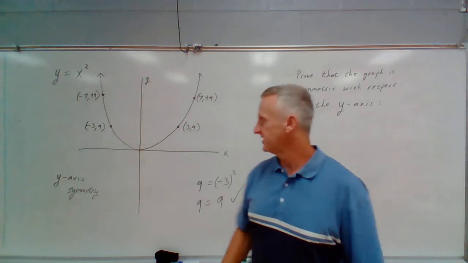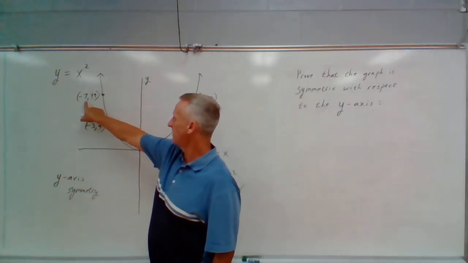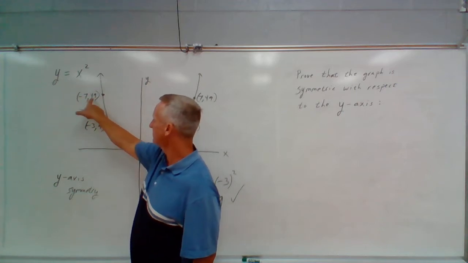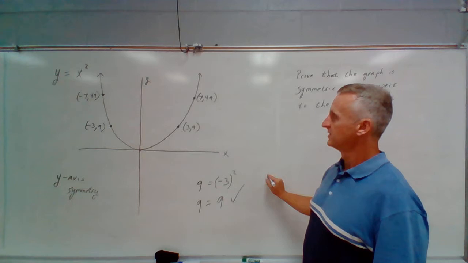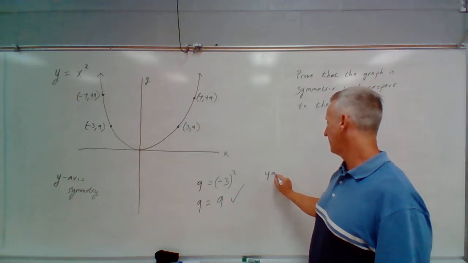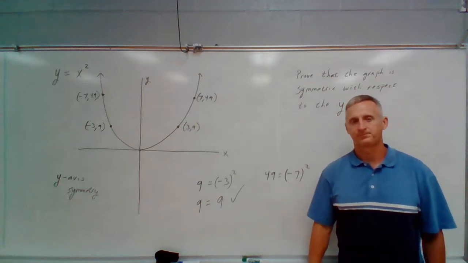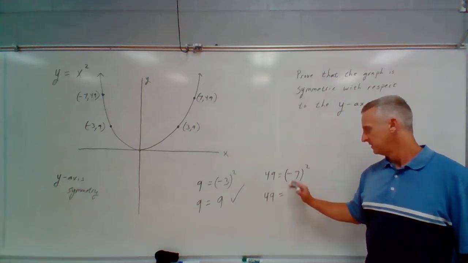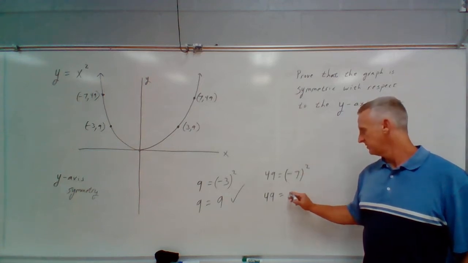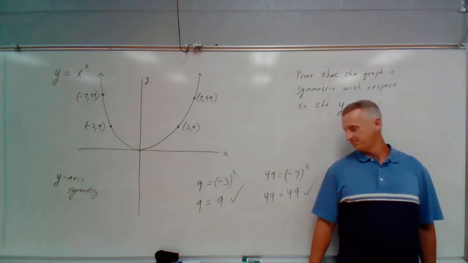Well, let's check and see if it is. So -7 is my x, 49 is my y. I need to plug -7 in for x, 49 in for y, and see if it's true. So 49 equals (-7) squared. (-7) squared is 49. That's true. So that point's on the graph.